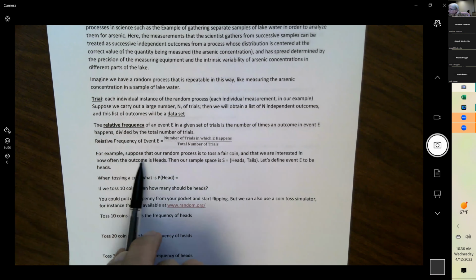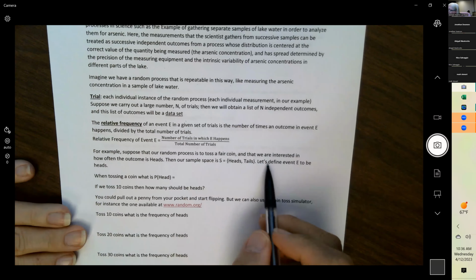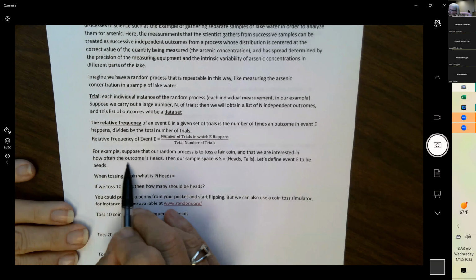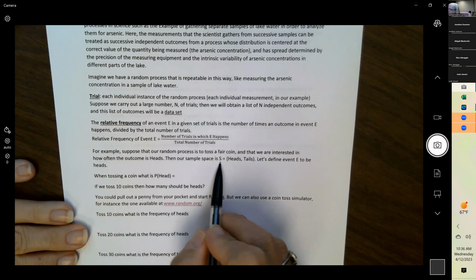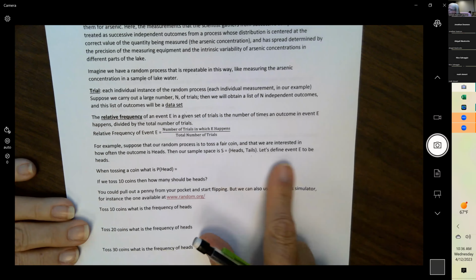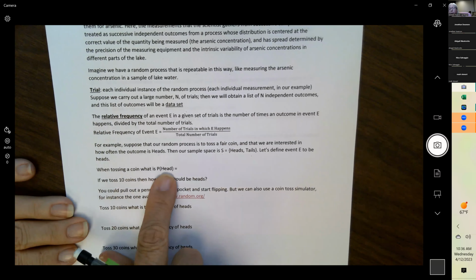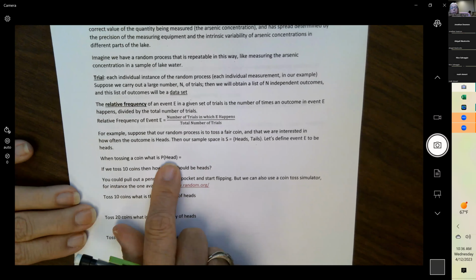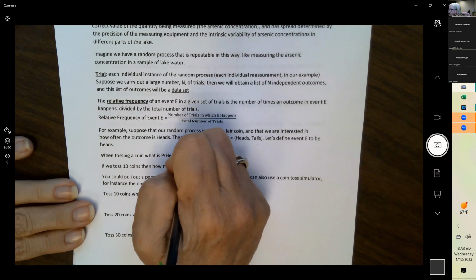Here's an example. Suppose that our random process is the toss of a fair coin, and that we are interested in how often it's heads. Then our sample space is heads or tails. Let's define an event. When tossing a coin, what is the probability of a heads? Well, the probability of heads is 1/2.